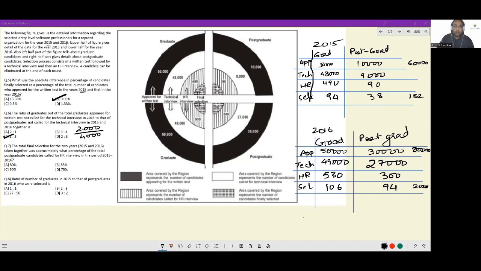Okay. Next one now. The total final selection for 2 years, 2015 and 16, taken together was approximately what percentage of the total postgraduate candidates called for HR interview in the period 2015-16? Okay, so 132 and 200.